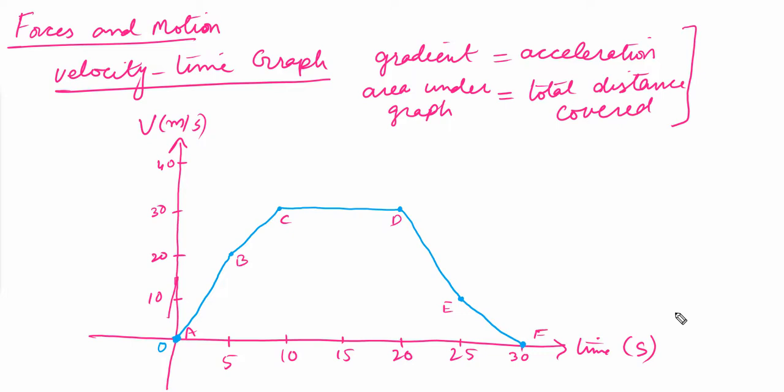So let's suppose I have to measure the acceleration between any 2 points. Let me take points B and C. If you have to find the acceleration between 2 points, I'll find the acceleration from point B to point C. So I'll write it as acceleration from B to C. As I've written here, acceleration is equal to the gradient, so I have to find the gradient between point B and C. The coordinates of B are 5 and 20, and the coordinates of C are 10 and 30.